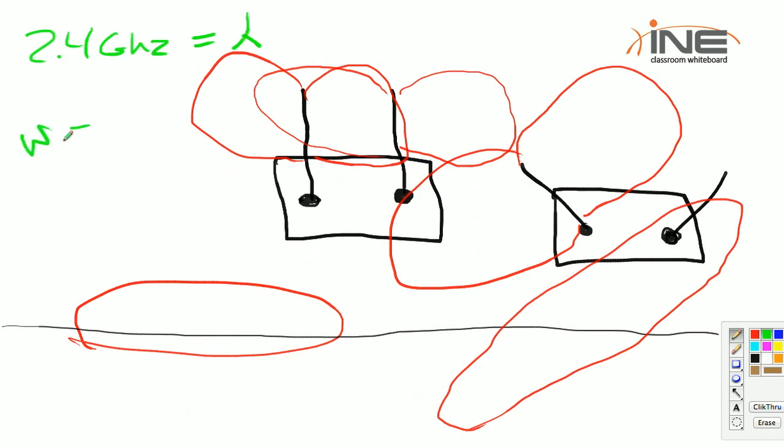So wavelength, lambda, equals the speed of light divided by frequency. We just have to divide the speed of light by the frequency, and we'll find the wavelength. Well, what you'll find in a 2.4 gigahertz antenna or a 5 gigahertz is that they are inches or centimeters apart, depending on how you measure.